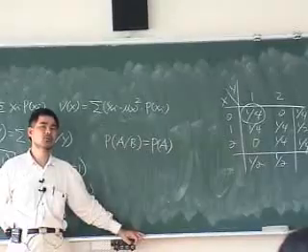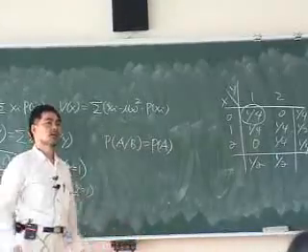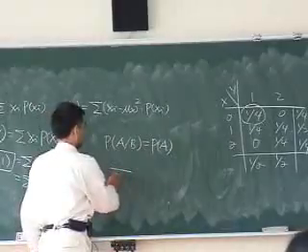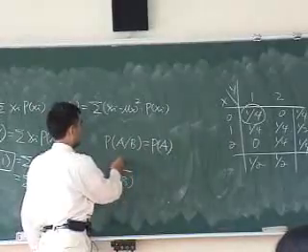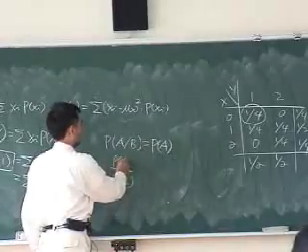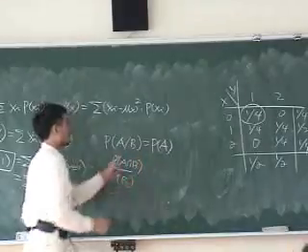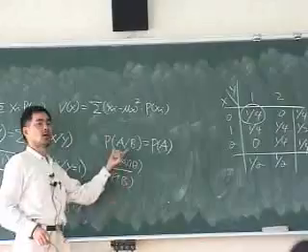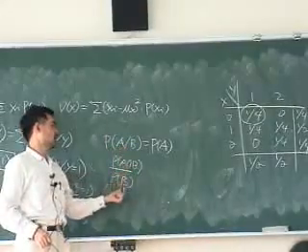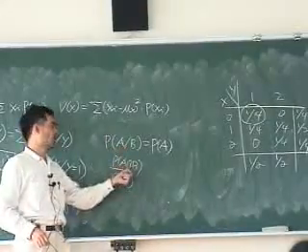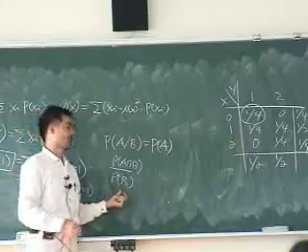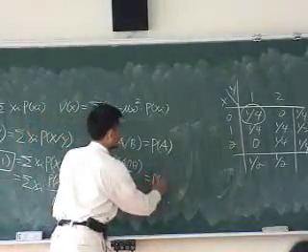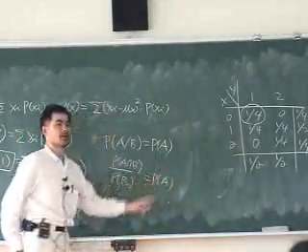You want to get down to the formula. What's the formula? P(B) and then P(A and B). So conditional probability is P(A given B) equals P(A and B) over P(B), and then that is equal to P(A), right?